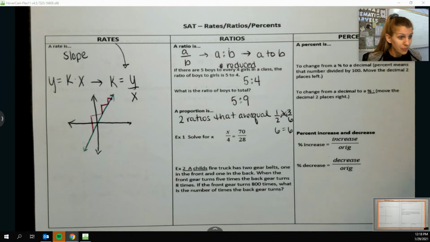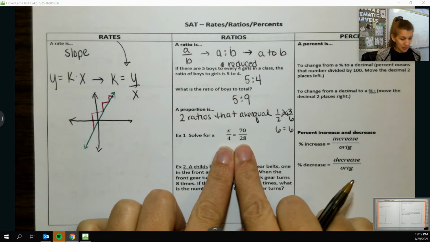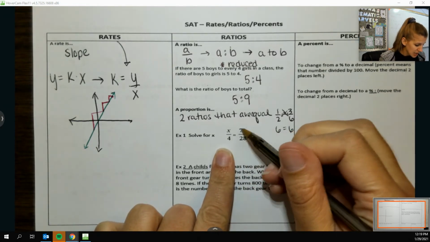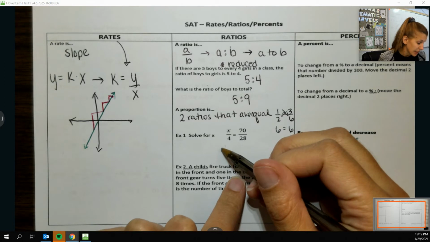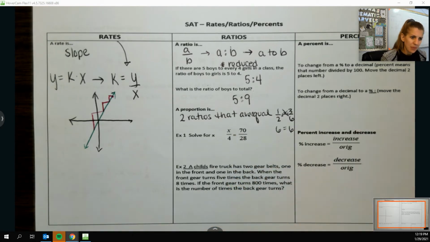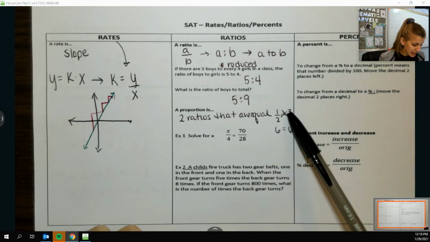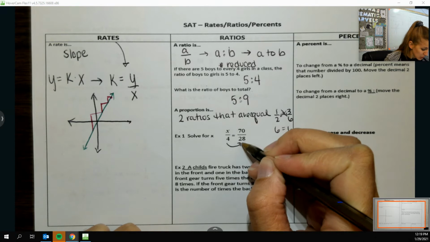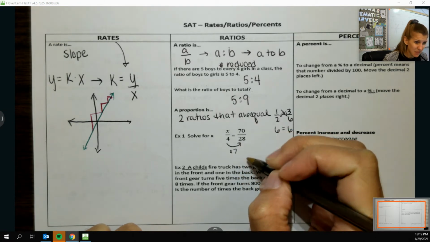That's not very helpful. But cross multiplication is super helpful if I have something like this. I can multiply across, diagonally down, and get 280 equals 28x. But I can also do some of that sneaky stuff like I was showing you before. I can see that from 4 to 28, I had to multiply by 7.